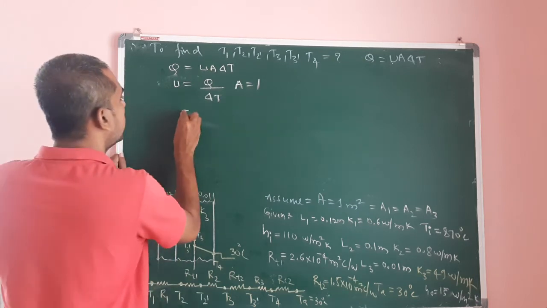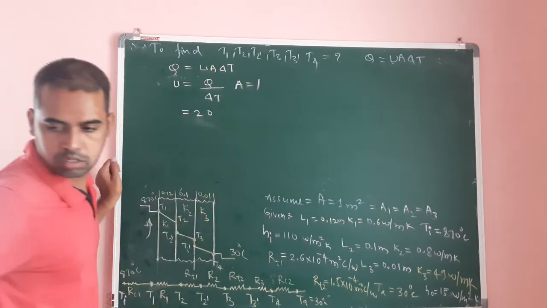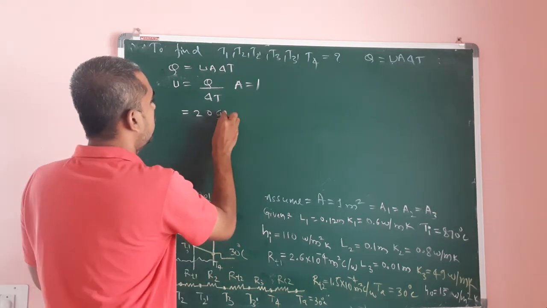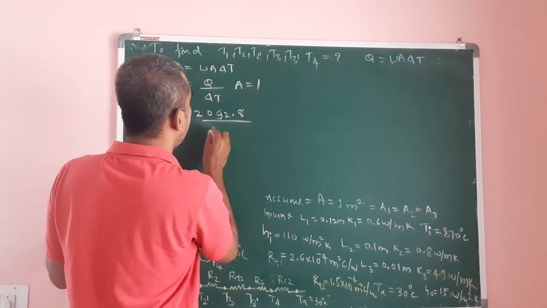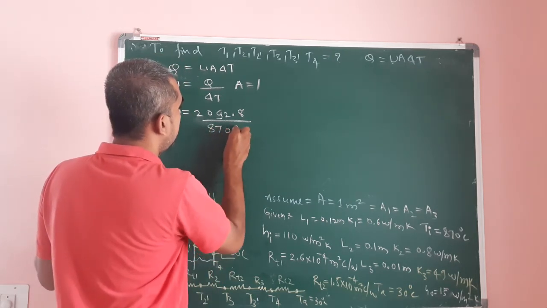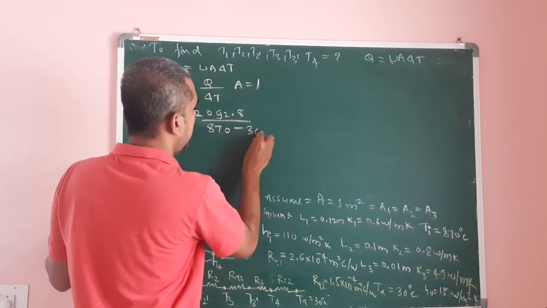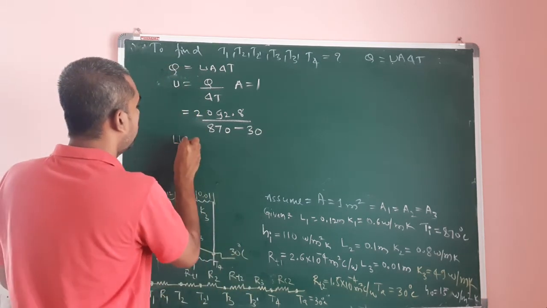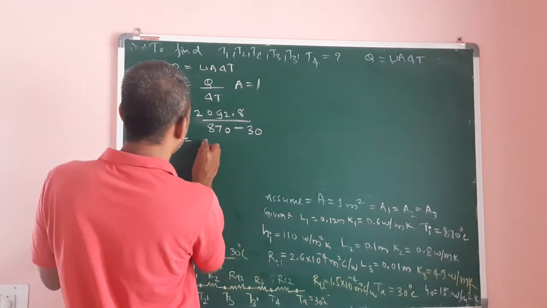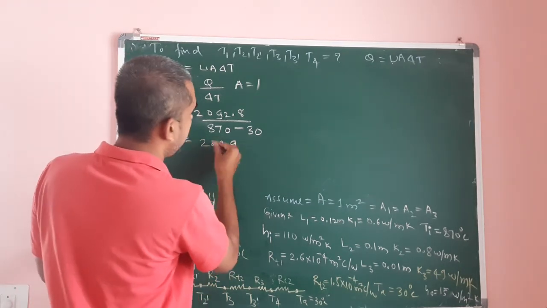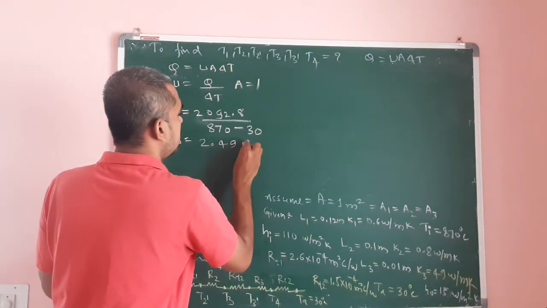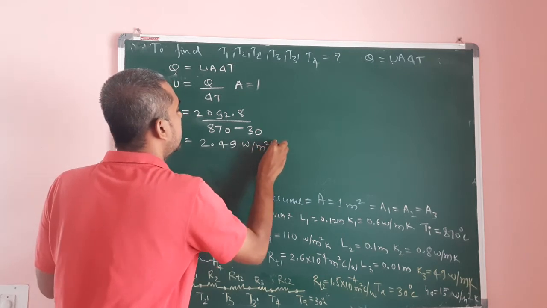So U is 2092.8 divided by delta T, which is 870 minus ambient temperature 30. You will get U as 2.491 watt per meter square Kelvin or degree Celsius.